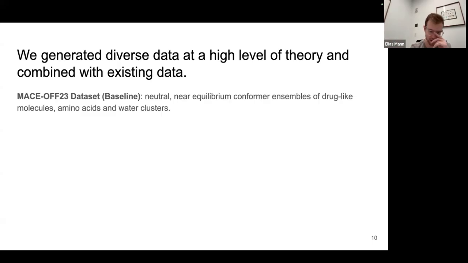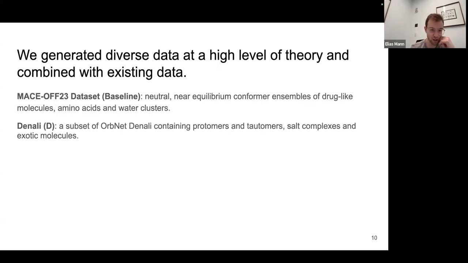One of the most recent versions of SPICE has a lot more things, but this is an early version of the SPICE data set, and they added larger molecules and some water clusters as well. These are conformer ensembles, and this is the baseline, the meat of the data set. We took a subset of OrbNet Denali.